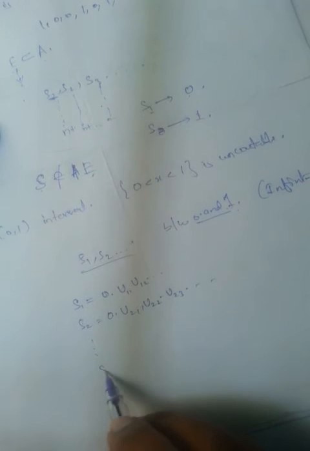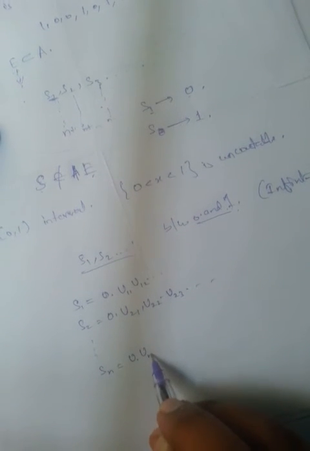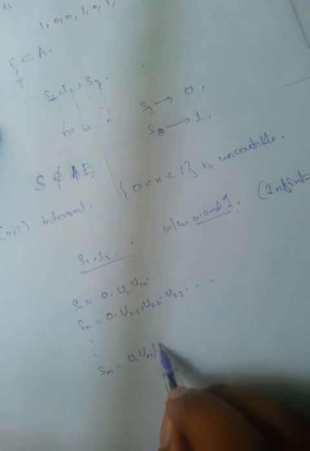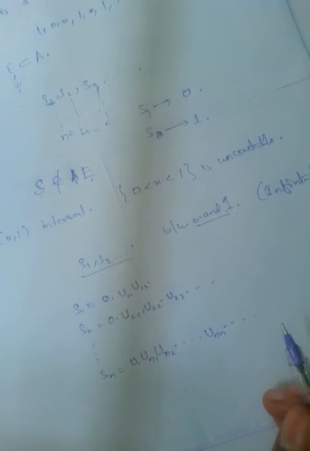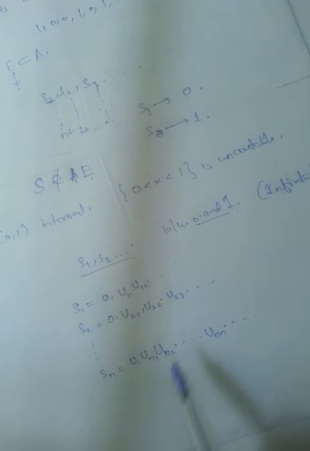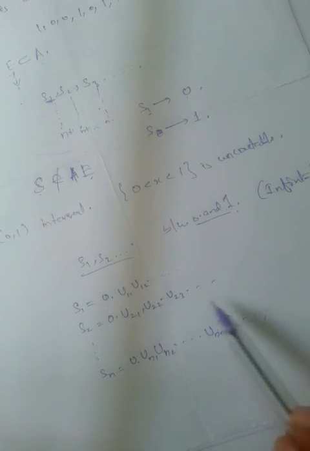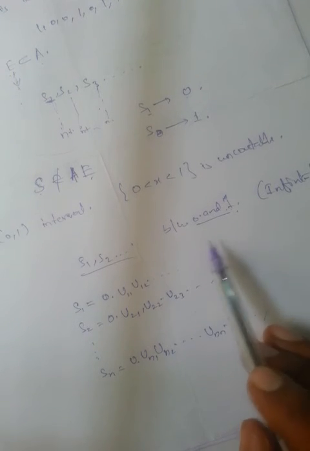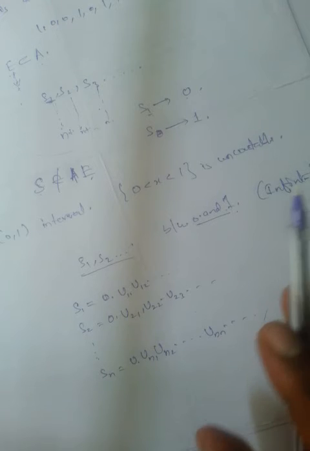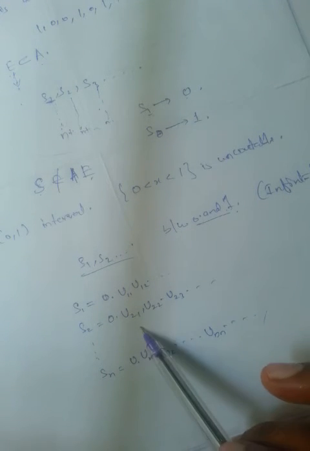So we get Sn equal to 0.un1 un2 and so on, up to unn, it will go on. We are believing that the sequences we have generated will consist of all the numbers between 0 and 1. There is no number which is not present in this sequence.